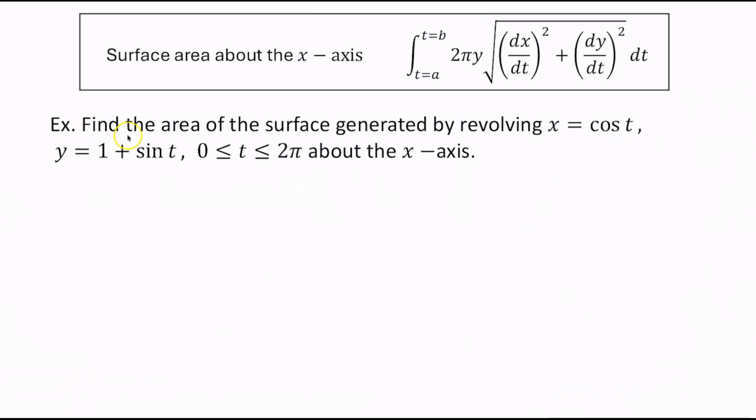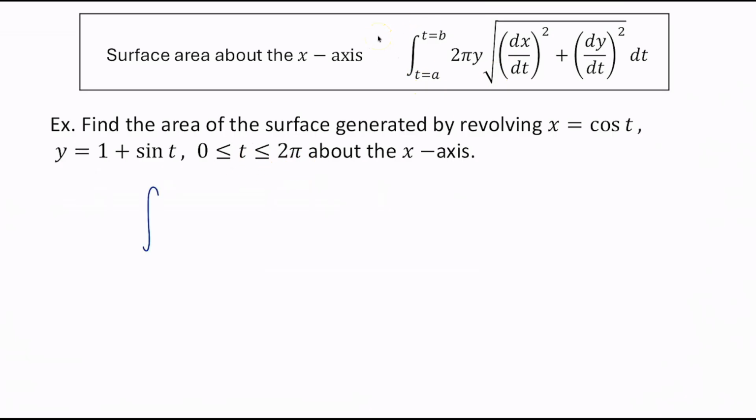In this example, I want to find the area of the surface generated by revolving x equals cosine t, y equals 1 plus sine t, where t values extend from 0 to 2 pi about the x-axis. So we're going to use this formula here. We have our t values, t equals a to t equals b.